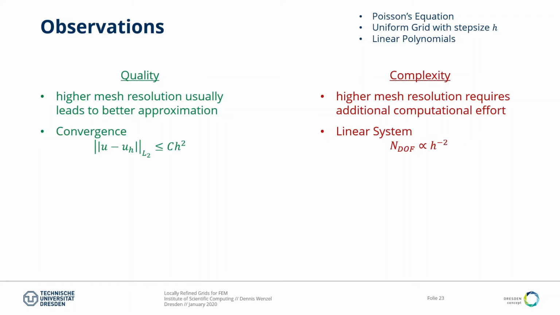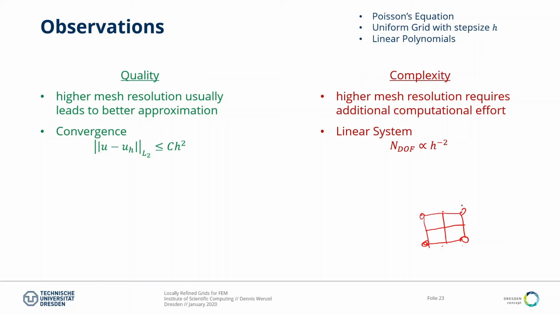Higher mesh resolution requires additional effort because the step size is dimension-wise. So if I have my original, let's say very coarse grid here, just one cell, and I take half the step size in both directions, then I replace my original 4 points by, well, 1, 2, 3, 4, 5, 6, 7, 8, 9 points.